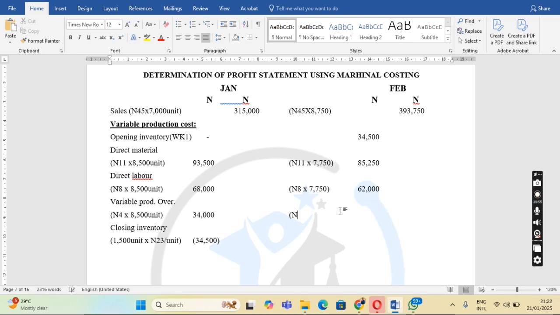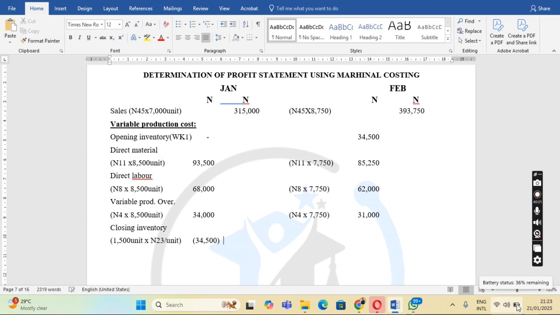So this is 4 naira. Don't forget that I said they may give you different direct material for January and February. But in this question, we will assume that the cost for January is the same for February. Please give me the figure. So we have 31,000. Good.